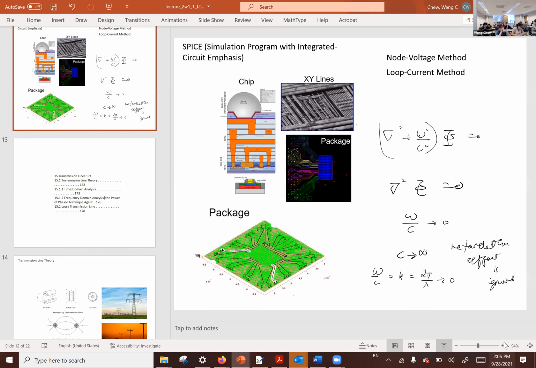To make it more quantitative, we will say that ka is small. Then you have 2 pi a over lambda is small. So you have a ratio, where a is the size of the particle compared to the wavelength you're talking about. If that ratio is small, then we have it.